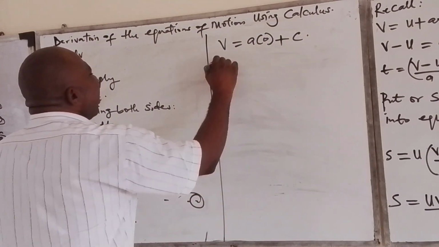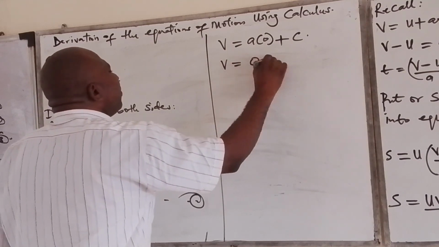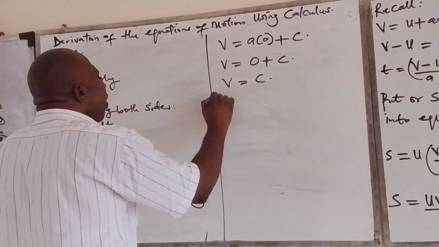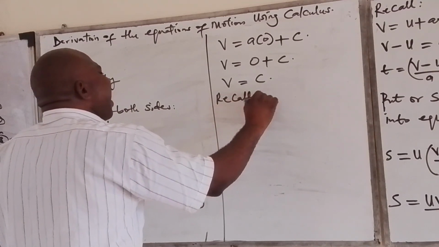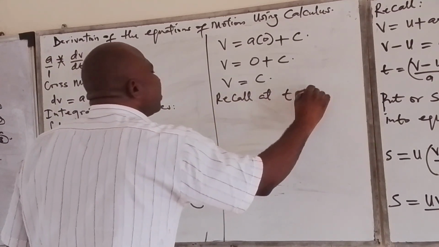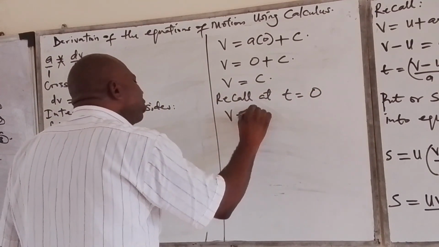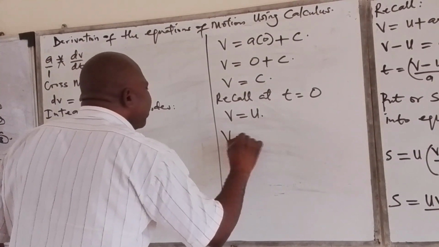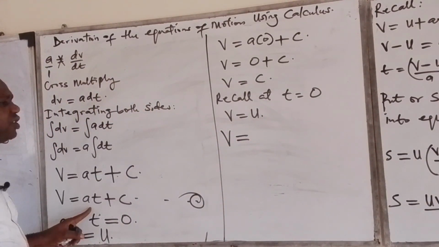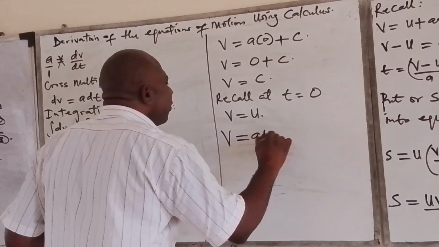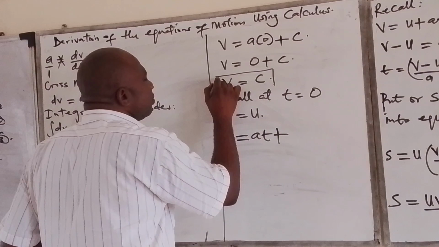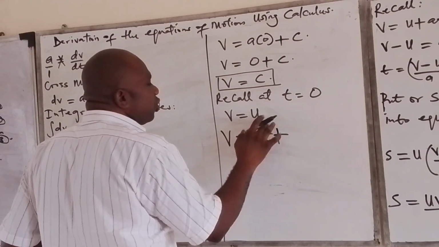So v will be equal to 0 plus c, so v now will be equal to c. But recall, at t equal to 0, v is equal to u. So here our v will be equal to at plus c. I remember here we said v is equal to c, and v is equal to u at time 0.